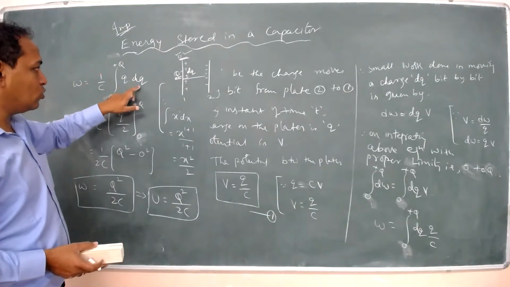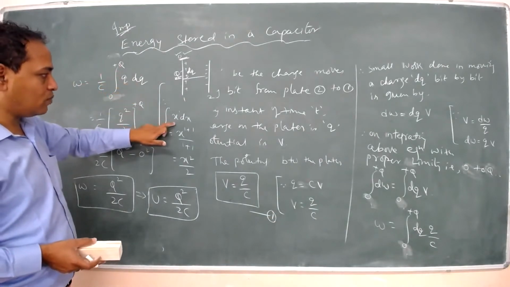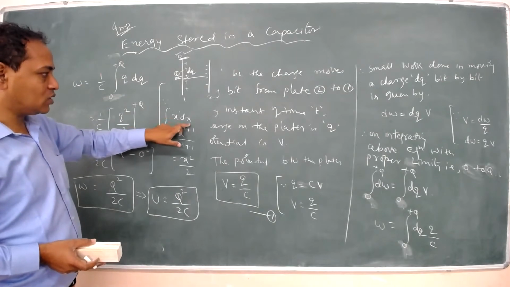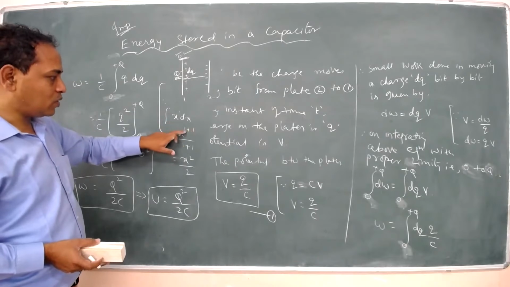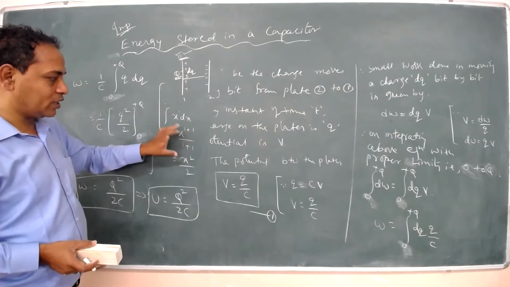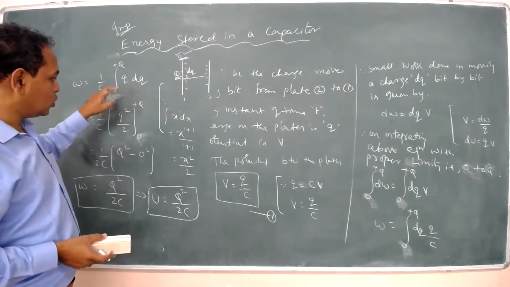Therefore, Q into dQ. Integration of Q dQ is similar to the formula for integration of x dx, where the power is 1, so x to the n plus 1 by n plus 1, that is x square by 2. Similarly this also is Q square by 2.